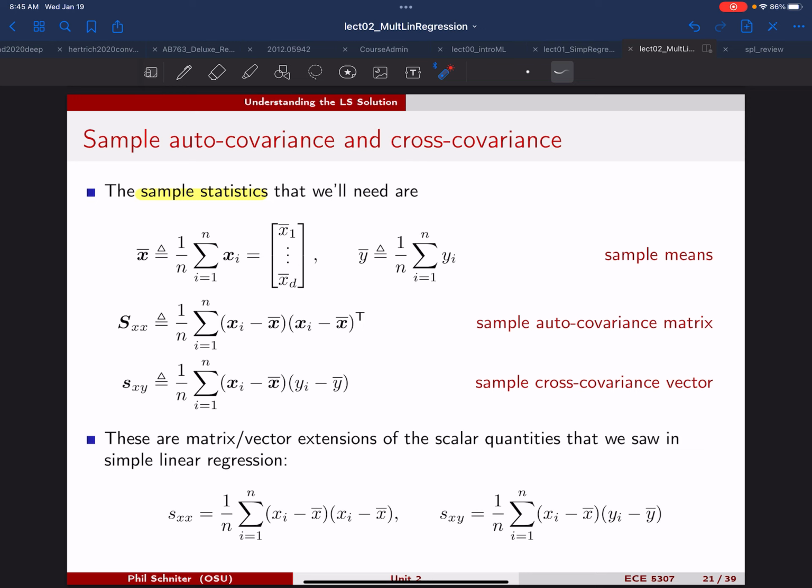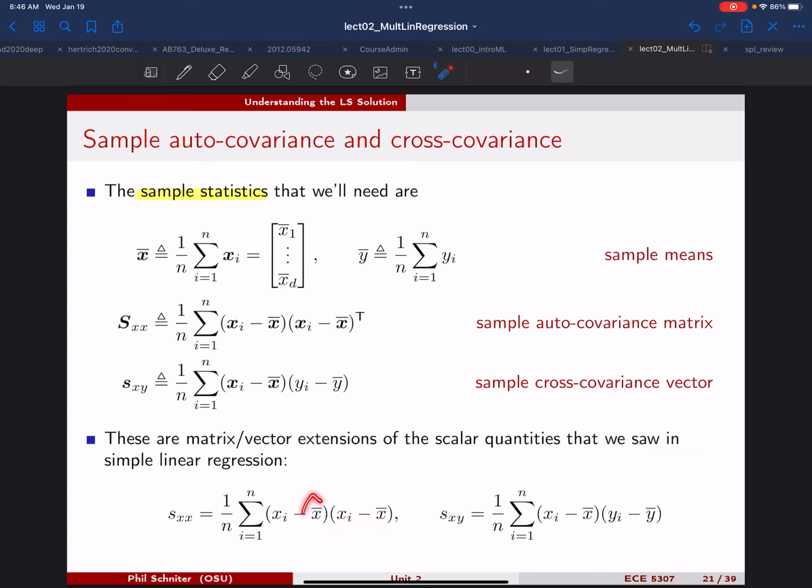Okay, slightly more interesting one is how would we generalize the variance? So here at the bottom, we have the variance as we defined it in the last unit. In that case, we had scalar features. So we had xi, scalar, and we looked at xi minus x bar, squared, basically.